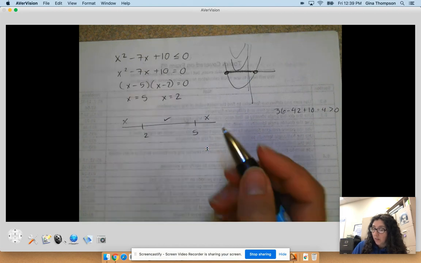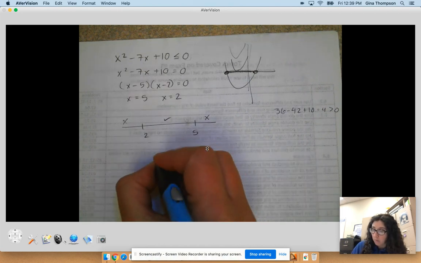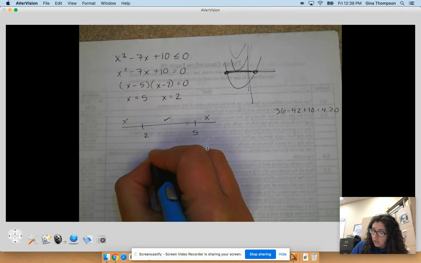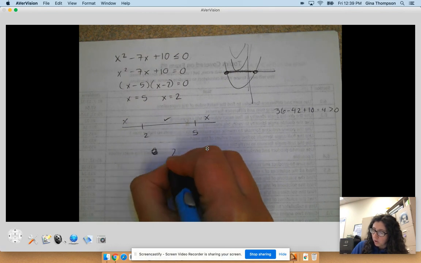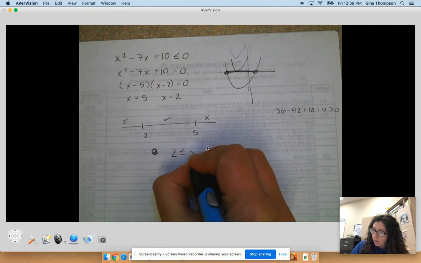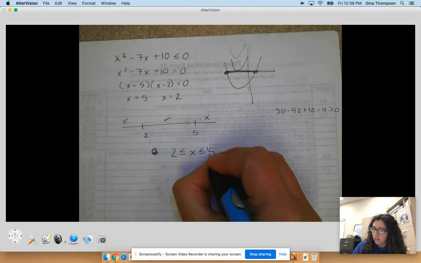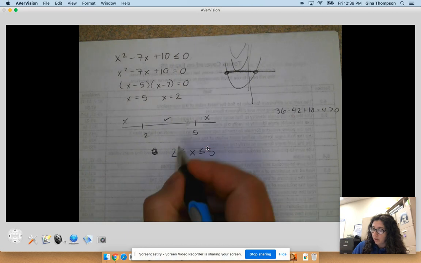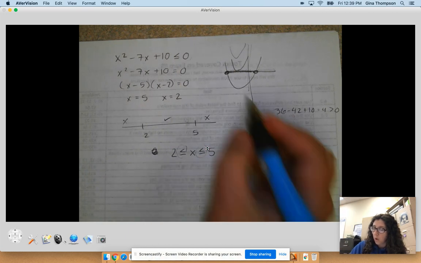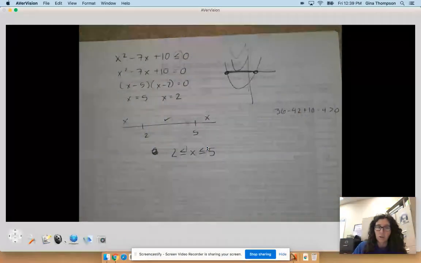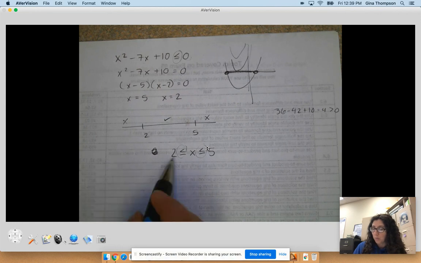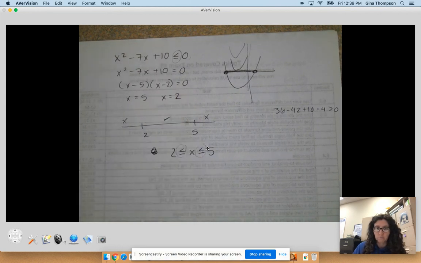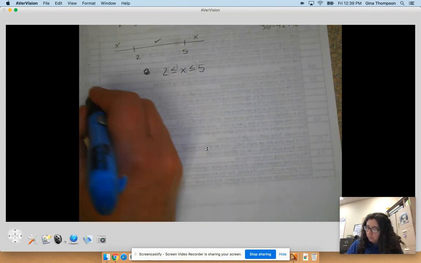So our last step is to write our interval. This is true on the interval where x is greater than or equal to 2 and less than or equal to 5, right? And we use these inequalities because our original inequality was less than or equal to. At those boundary points, it would be equal to 0. Okay.